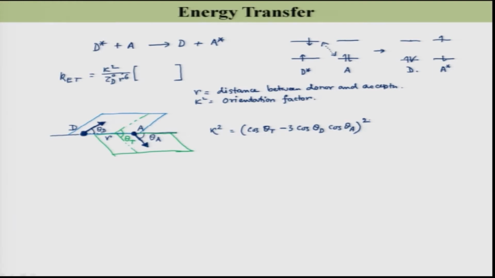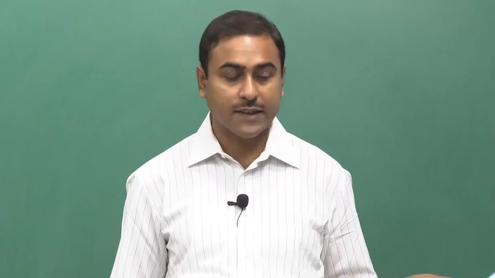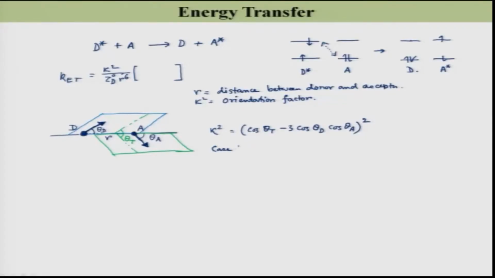Let me give you 3 different examples. Let us say case 1. Let us say this is my donor dipole and this is my acceptor dipole, and the distance between them is r.